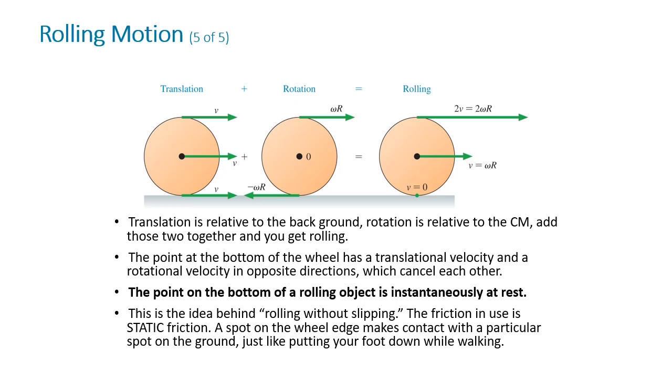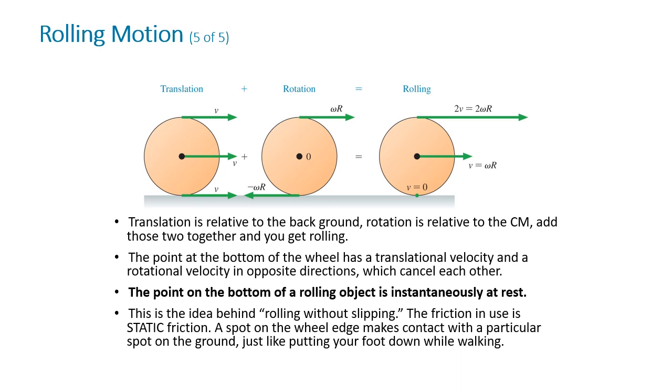And since rolling motion is translation plus rotation, you add those two pieces together and you get that the top edge is moving at twice the linear velocity. The middle of the object is moving at your linear velocity, and technically the bottom edge is moving at zero velocity because it is hinging past that one spot.